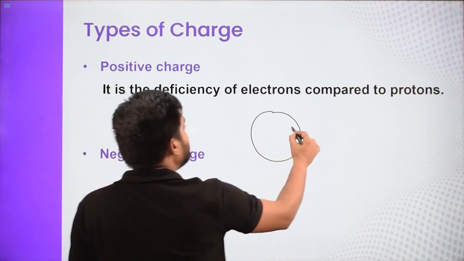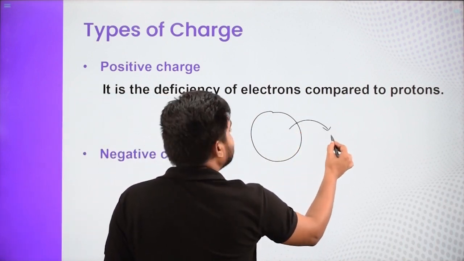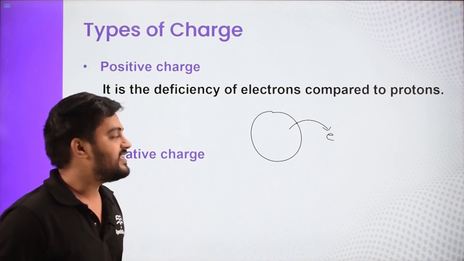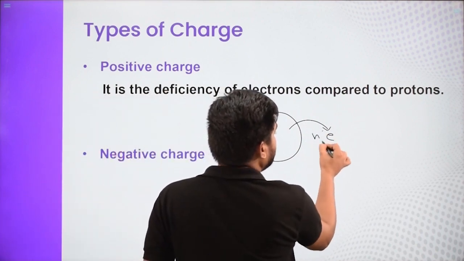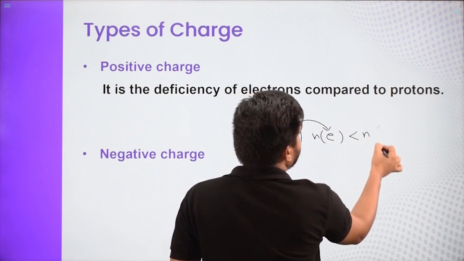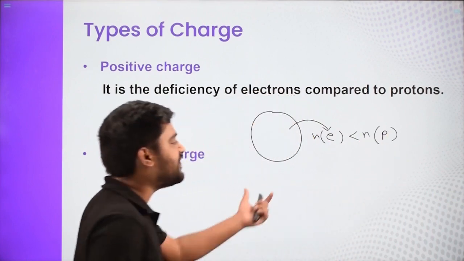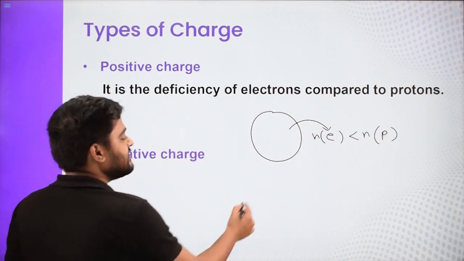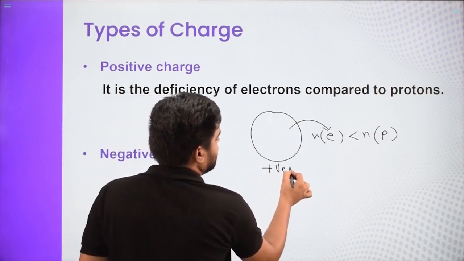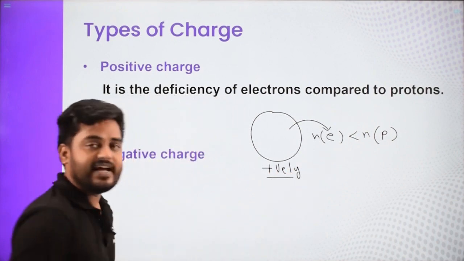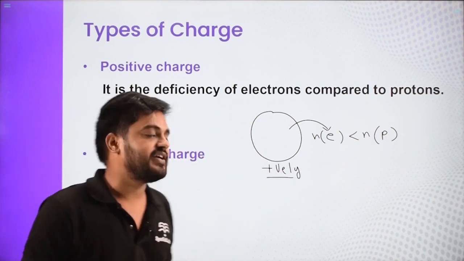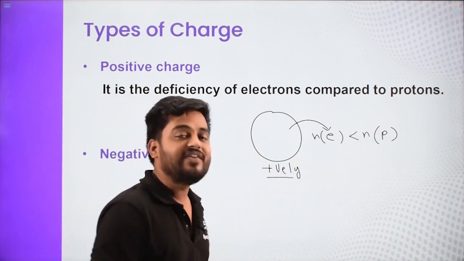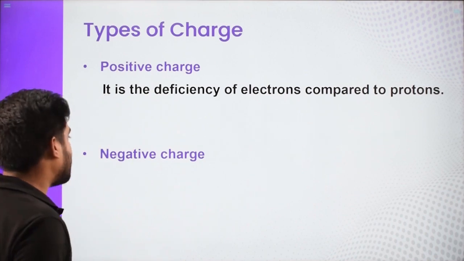If some of the electrons leave, then the number of electrons becomes lesser than the number of protons, and hence we will say the object is now positively charged. So if there is a deficiency of electrons, meaning fewer electrons compared to protons, then the object is positively charged.